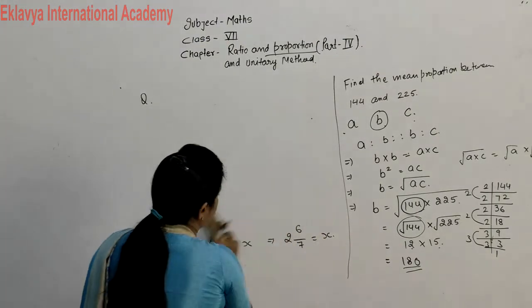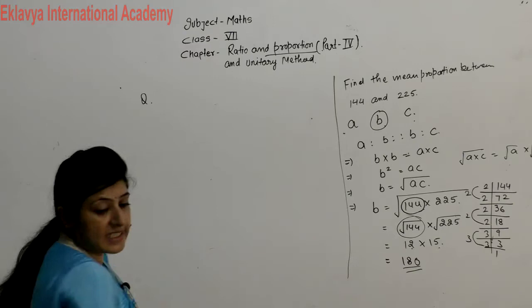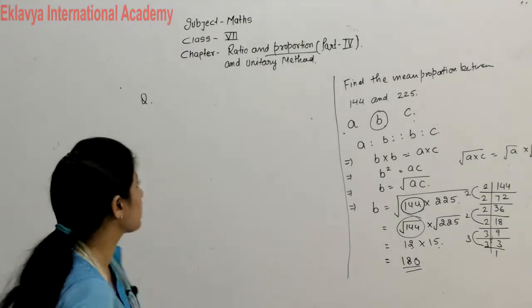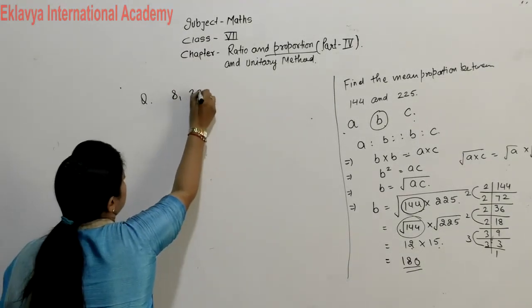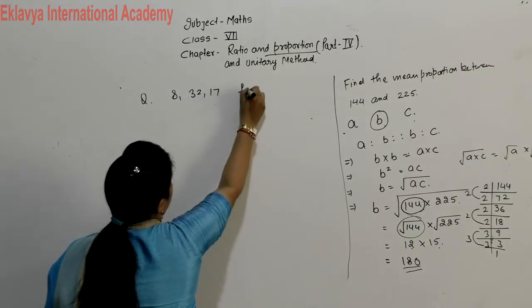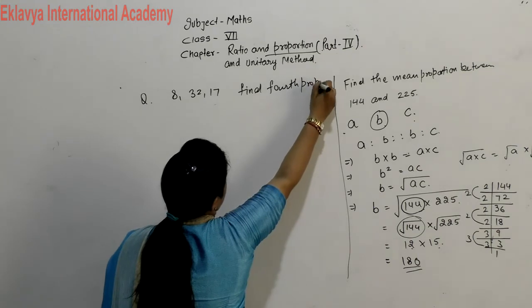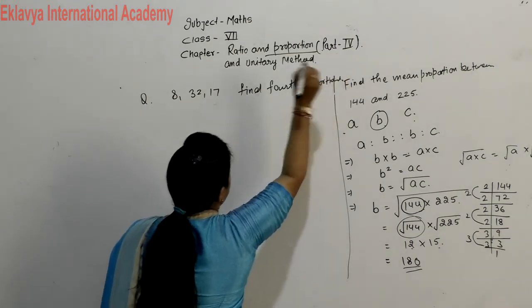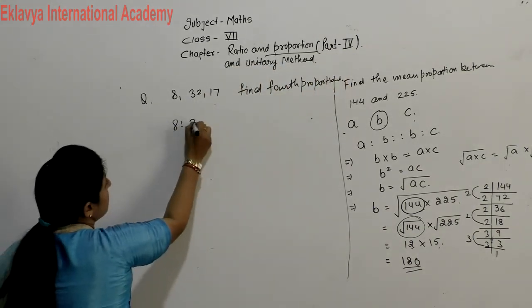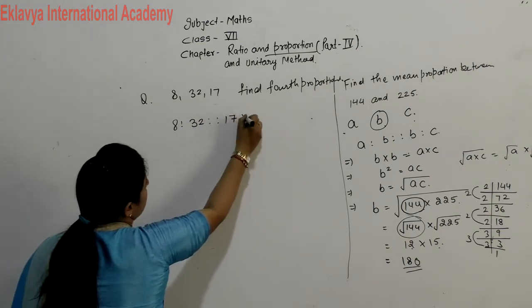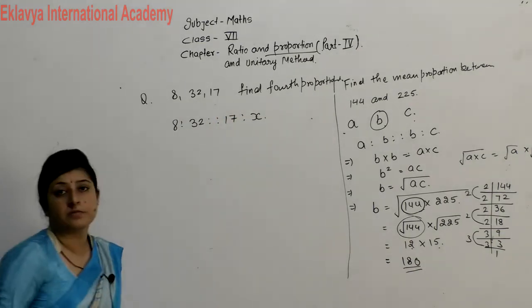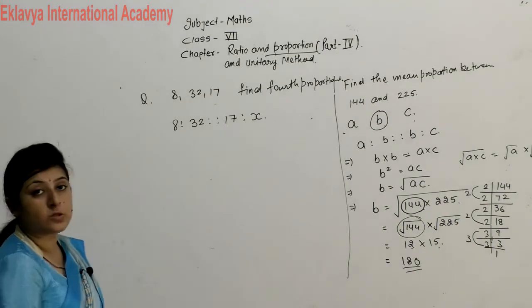But if your question is like this: 8, 32, 17 are given, find the fourth proportion. Now it becomes like this, the fourth proportional is D here, so we will include D also.